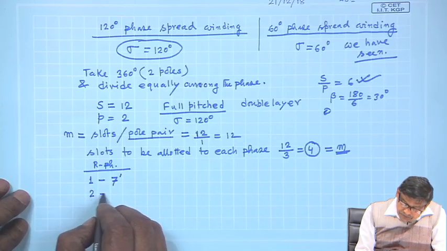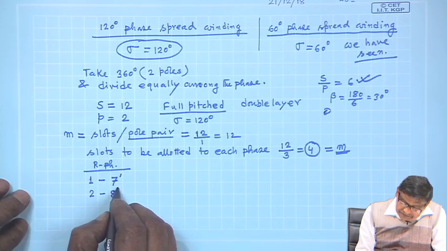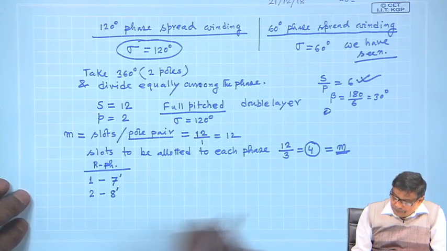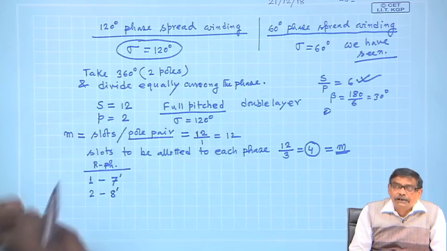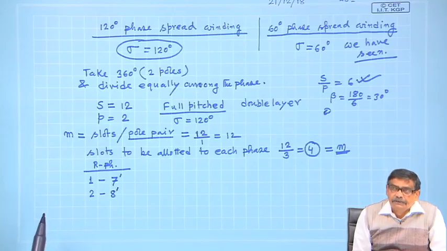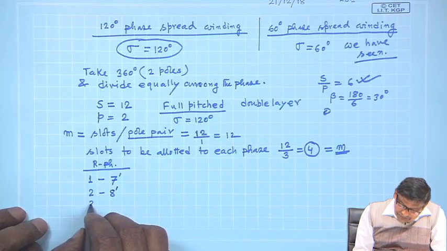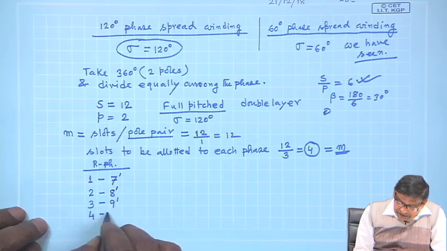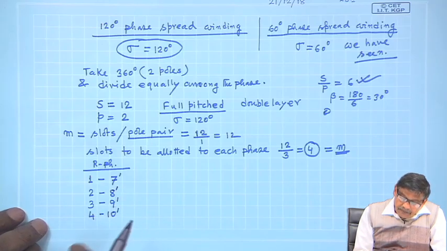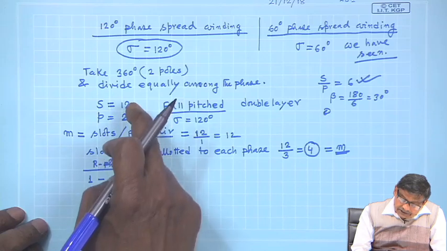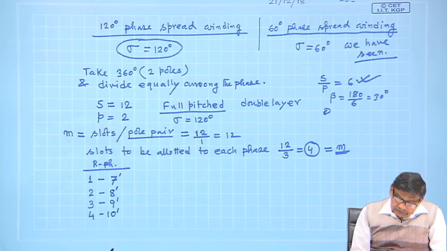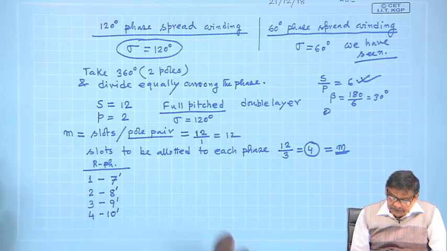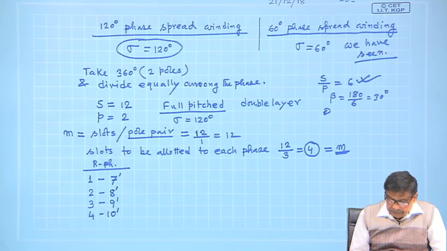then 2-8 dashed, but then do not stop, 4. Earlier we were doing 60 degree phase spread. So, 3-9 dashed and 4-10 dashed. How many total coils are there? 12. So, for each phase there will be 4 coils, that's it.